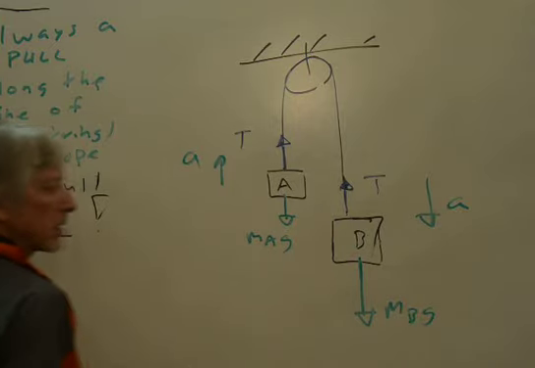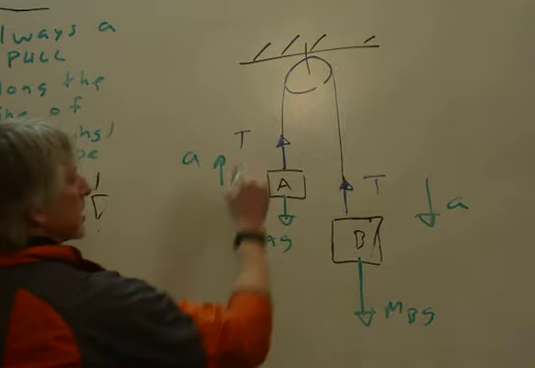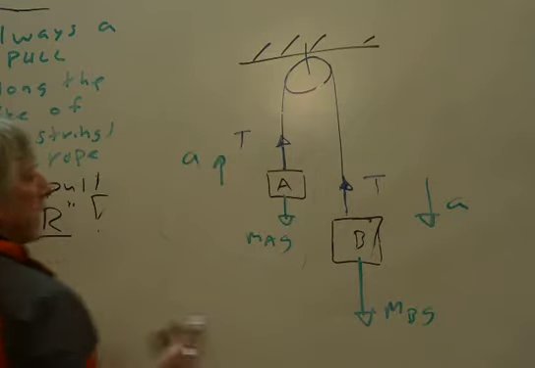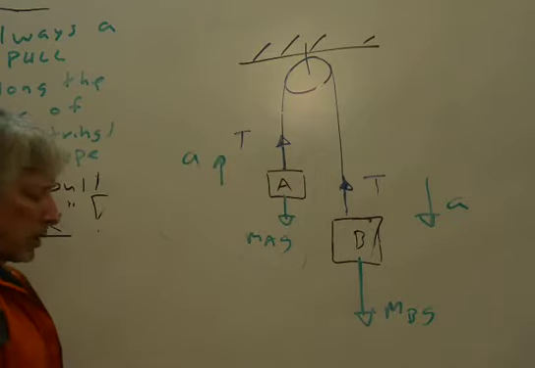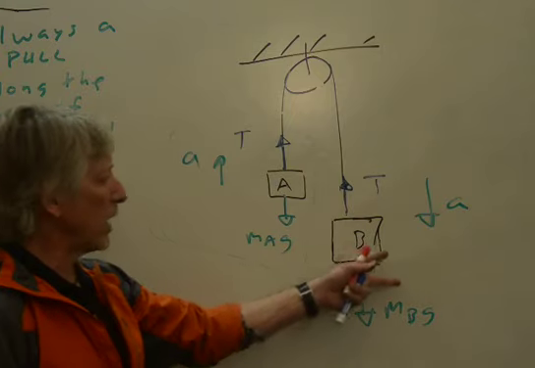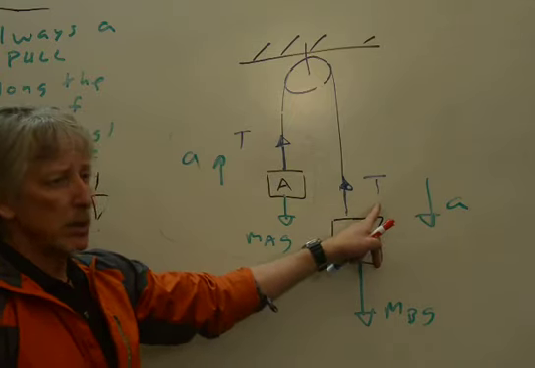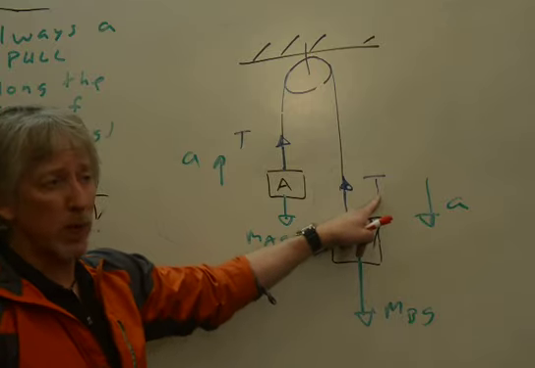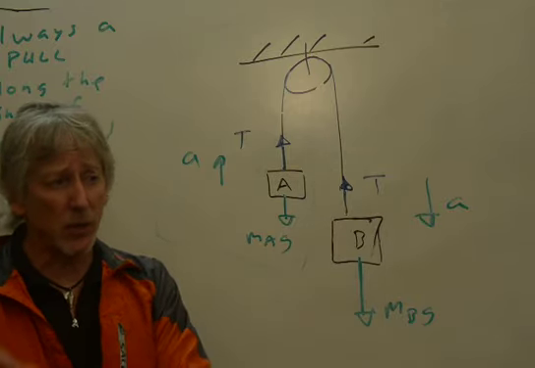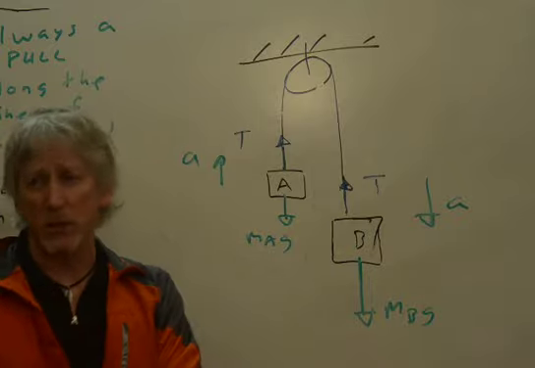So the interesting thing here in dealing with this is I can treat this, and that's a pretty easy problem. But I've drawn my free body diagrams keeping the same T, because then in my algebra, when I get T in one equation, it's the same as the other, so I can solve for T in one and substitute it for the T in the other.